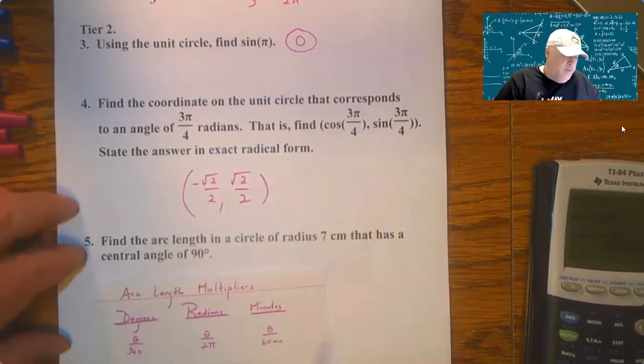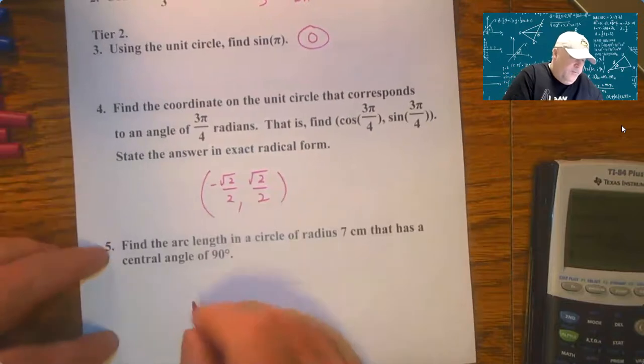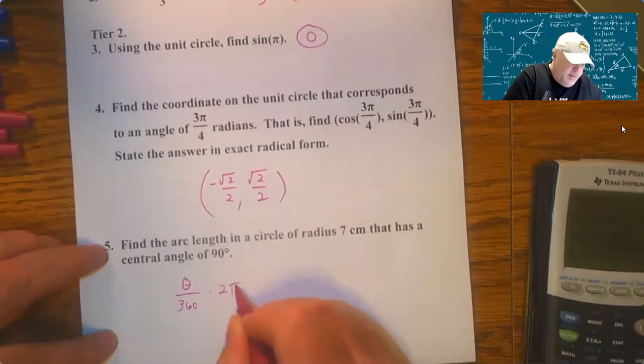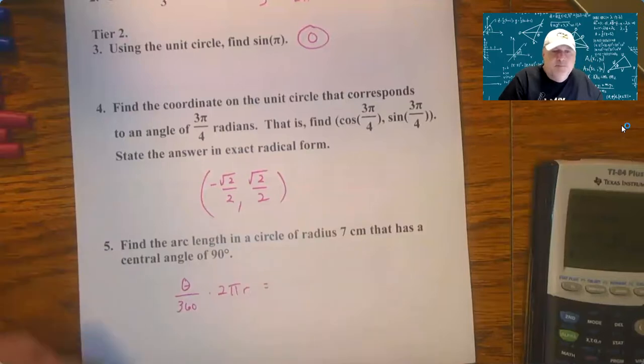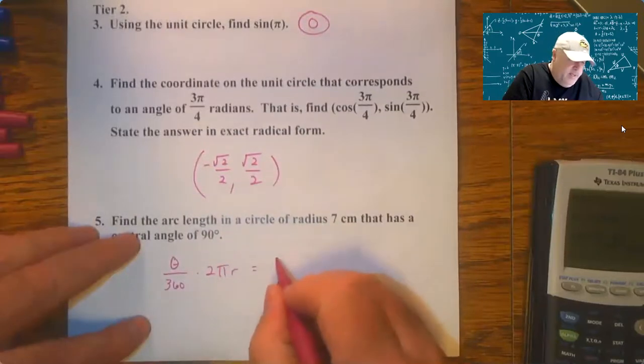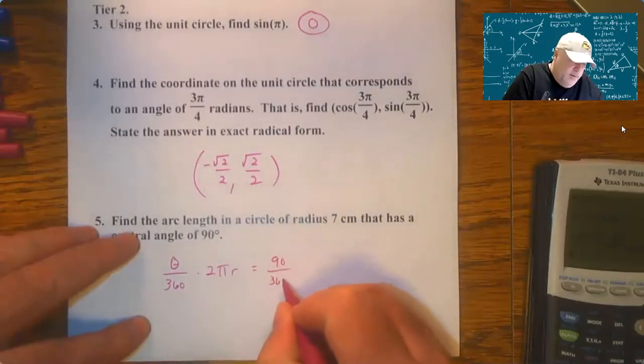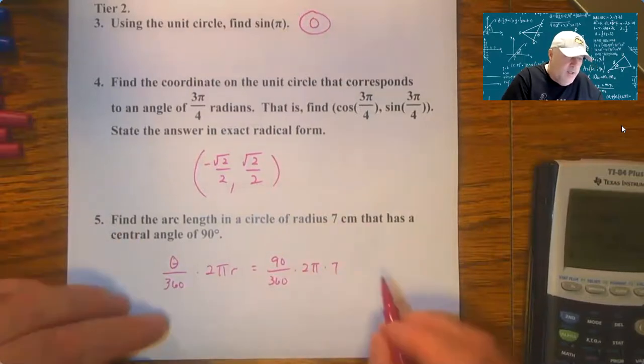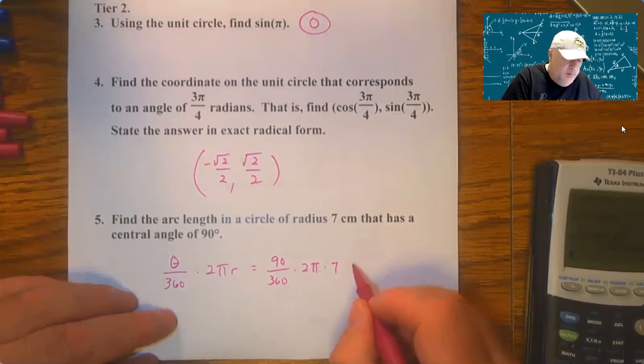So notice on this one, we are dealing in degrees. So the formula that we're going to use is this multiplied by 2 pi r. So 90 over 360 times 2 times pi times 7. And what does that give you?